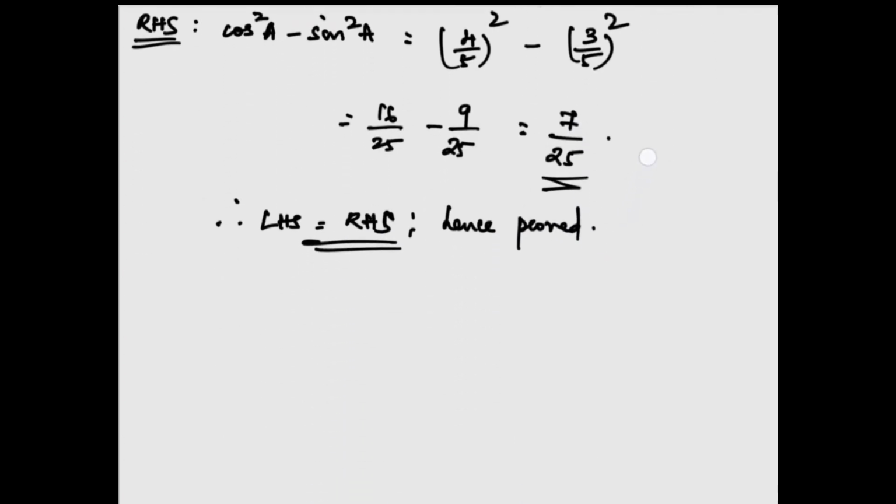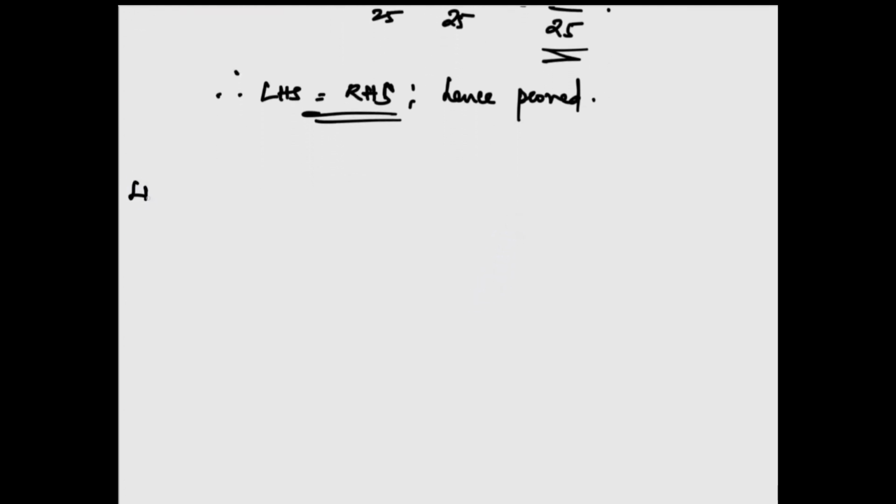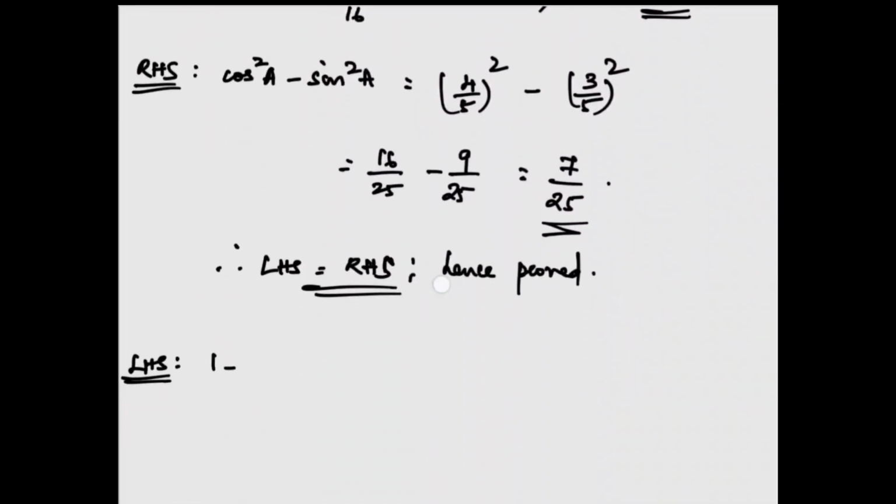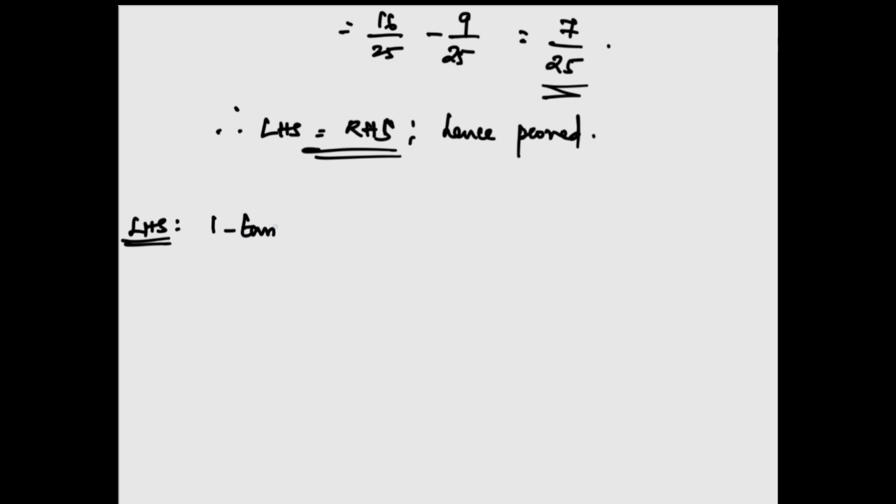This question can also be done without using the numericals. Let us consider LHS using identities. In LHS, we have got 1 minus tan square A by 1 plus tan square A. We can write tan A as sin by cos.